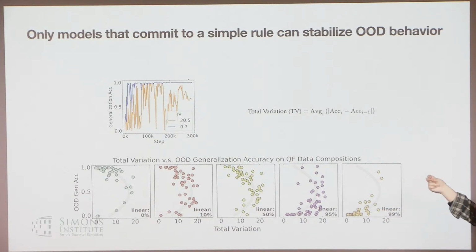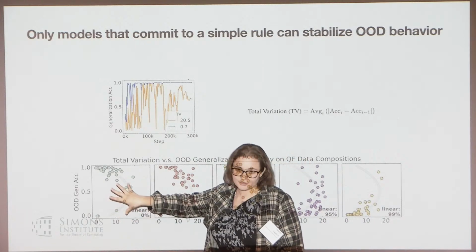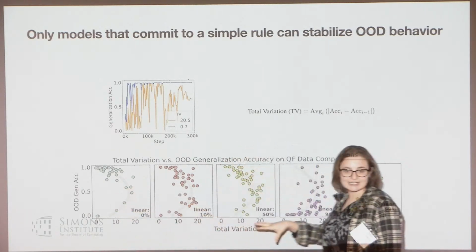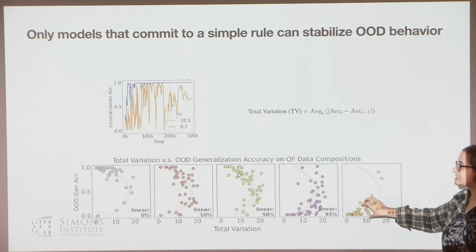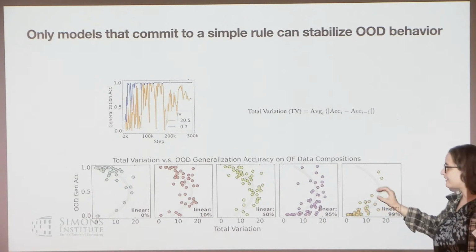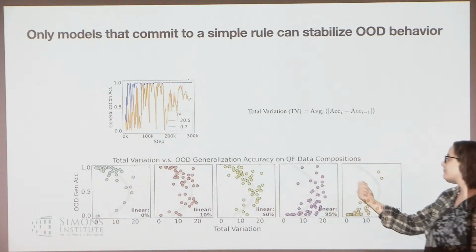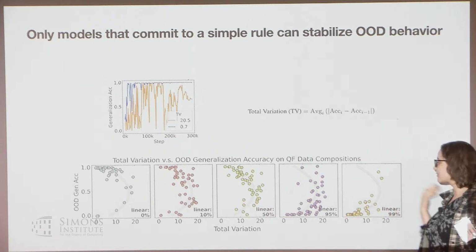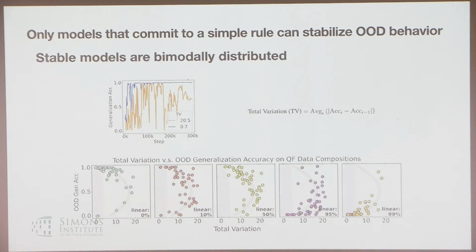Now, if you are mostly linear or not linear at all in terms of the training data, if it's fairly homogeneous in this sense, then most of the models end up pretty stable one way or another, either in one rule or the other rule. And then in between, you can see more and more of these models end up more and more to the right. They're less and less likely to stabilize completely.